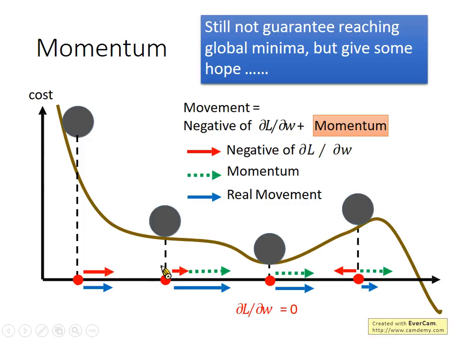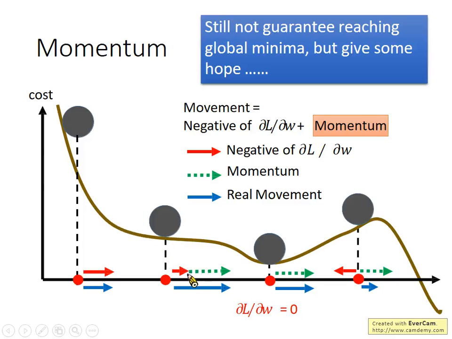When we move to this position, we check the gradient, and we see that the magnitude of the gradient is smaller than the previous one. At this position, we also consider the momentum, because we moved from the left to the right, and it accumulates some degree of momentum.